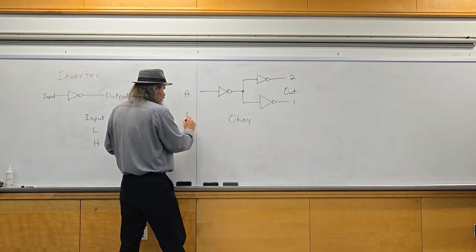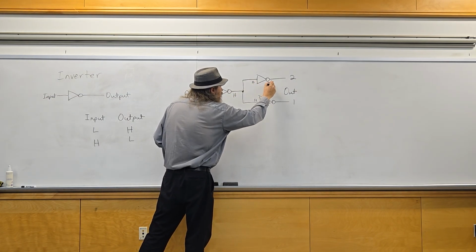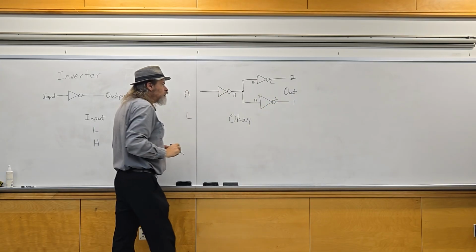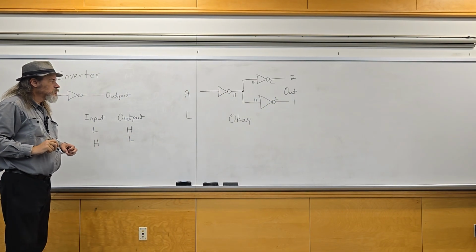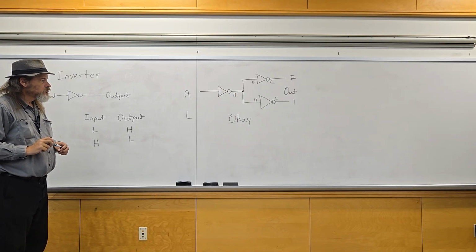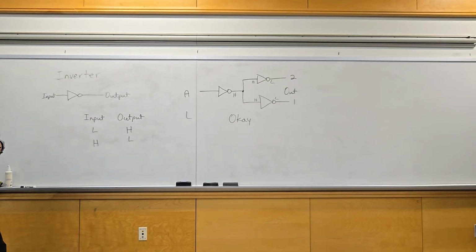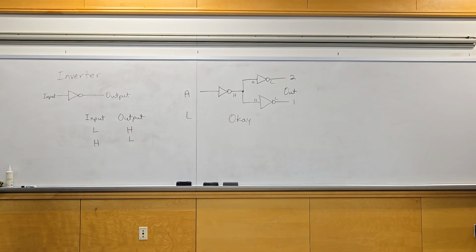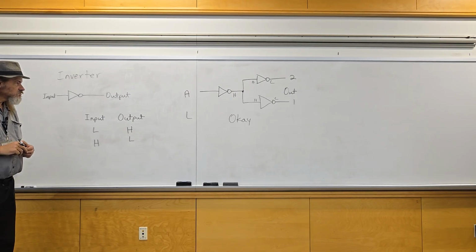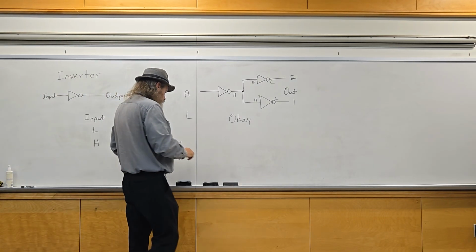So if this is low, this will be high, this will be high, this will be high, this will be low, this will be low. Okay? So that is how it's represented.